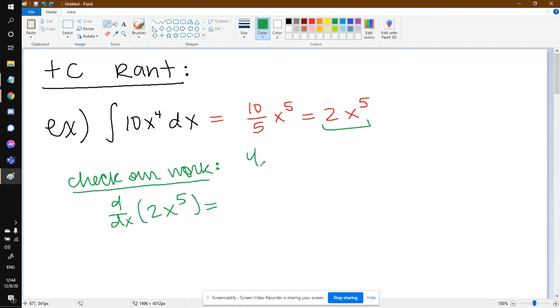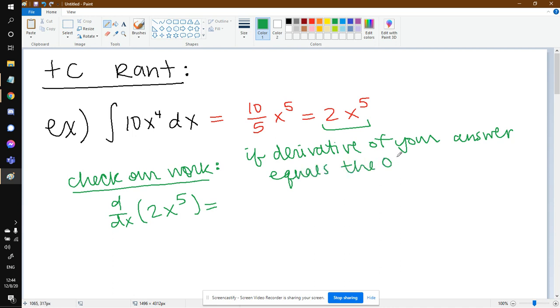Let me say that again. If the derivative of your answer equals the original problem, we got it right.